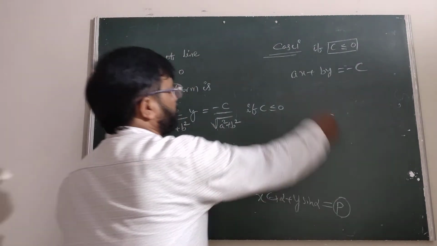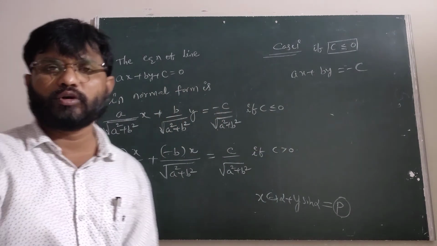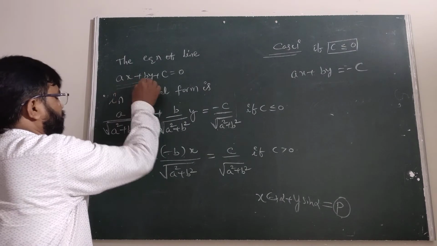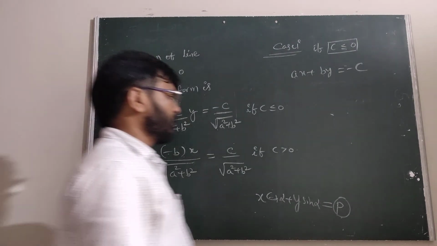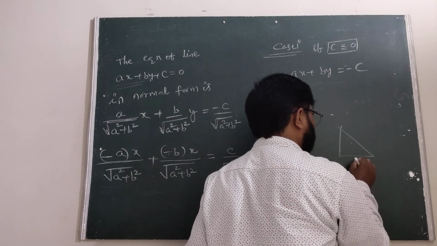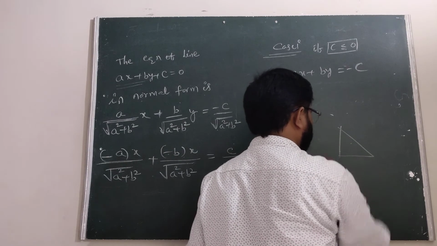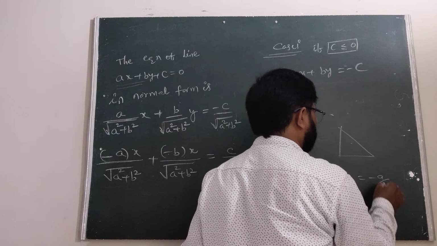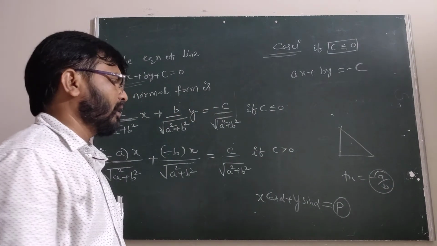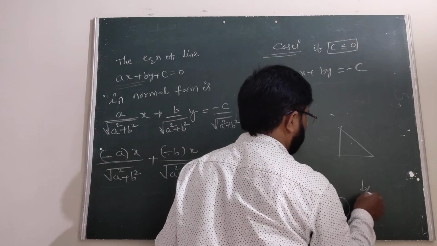How to compare this with x cos alpha plus y sin alpha? We have to know that the slope of this line is minus of a by b. When we take tan theta equals minus a by b, don't take the sign, because lengths are always positive. So undoubtedly the normal makes b by a.